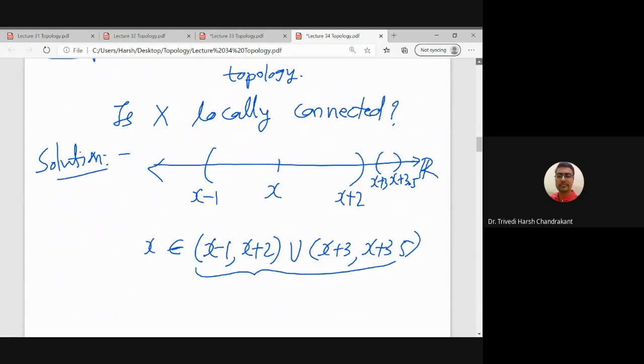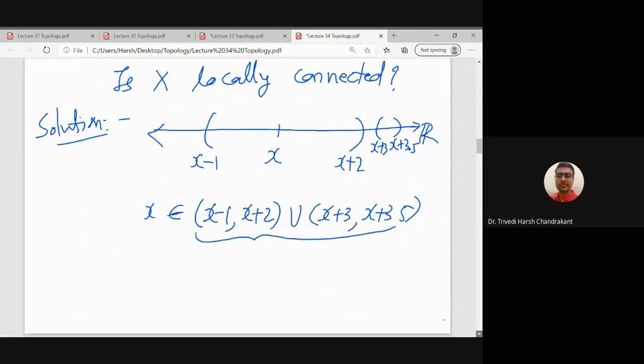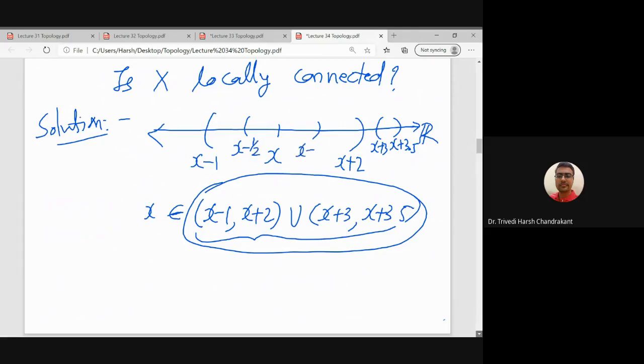Actually we have to take a general neighborhood, but I am just showing you. If this is a particular neighborhood, then can I find a neighborhood which contains x and is a subset of this particular open set? For that, the basic idea is I can take a kind of half interval. So I can take x minus half, and on this side x plus 1.